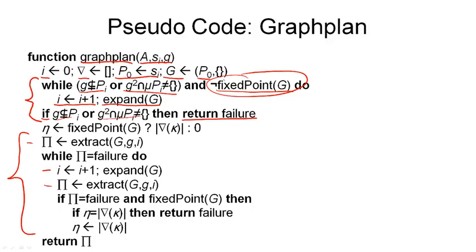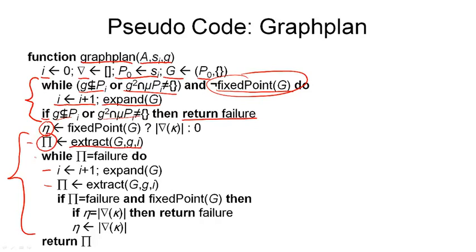So now we have a planning graph that may contain a solution plan. And the first thing we do is we remember the size of the no-good table here. And the reason why we do this is because this tells us when we have to terminate in our algorithm, as we will see shortly. So now we have reached the point where we can try to extract a plan from our planning graph.